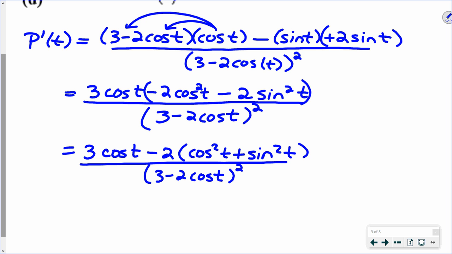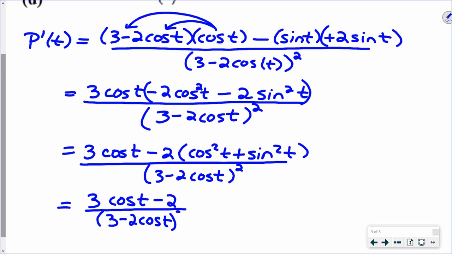Okay, and then remember cosine squared plus sine squared equals 1. So this would all just equal 3 times cosine of t minus 2, all over 3 minus 2 times cosine of t squared. So that did simplify a little bit by using our Pythagorean identity.